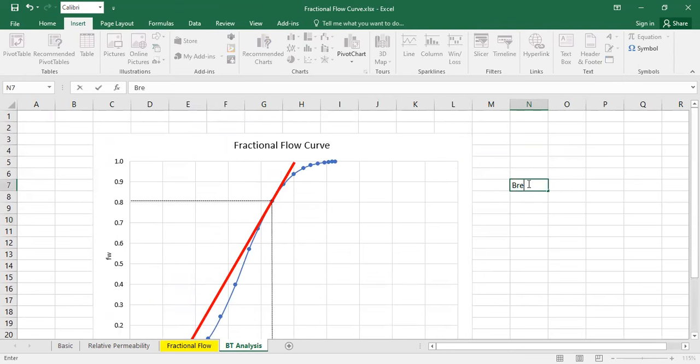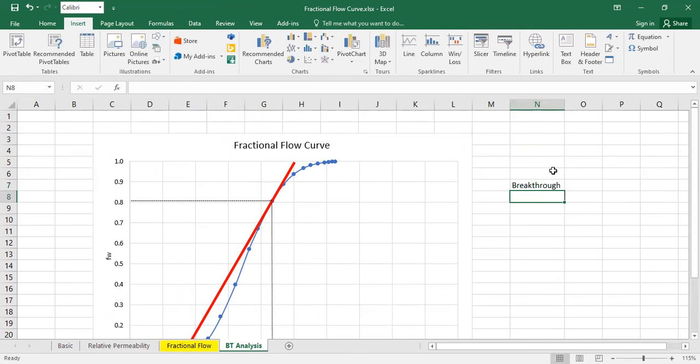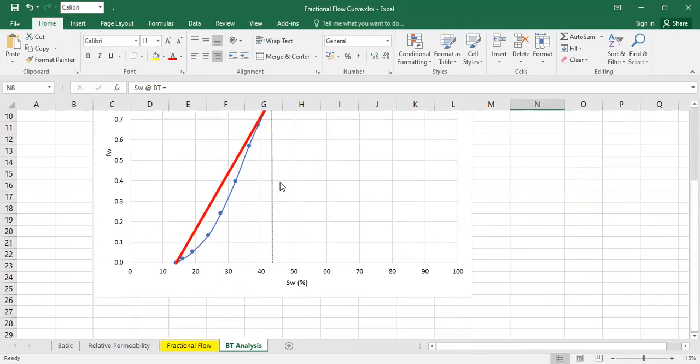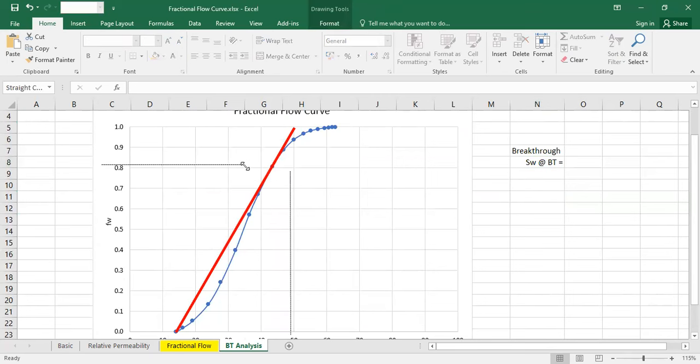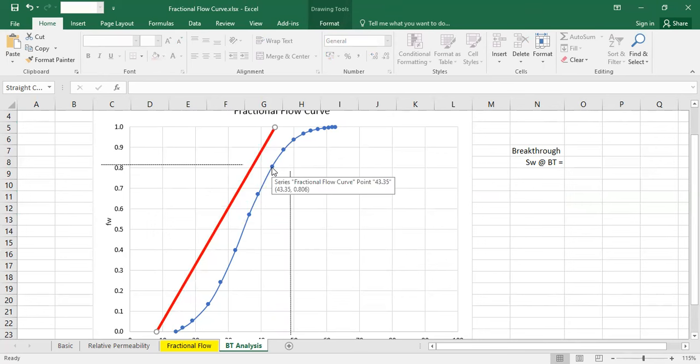So at breakthrough, the water saturation, SWBT, or I will just write it like this: water saturation at breakthrough is 43.35%.